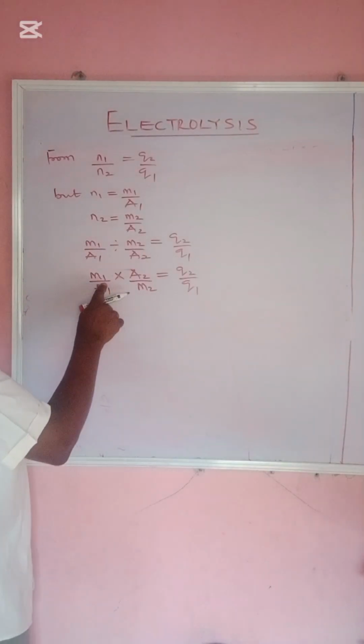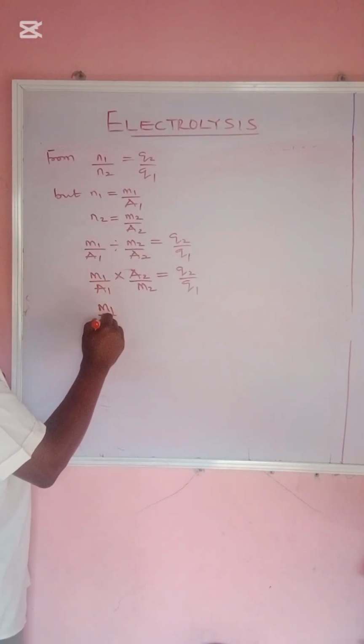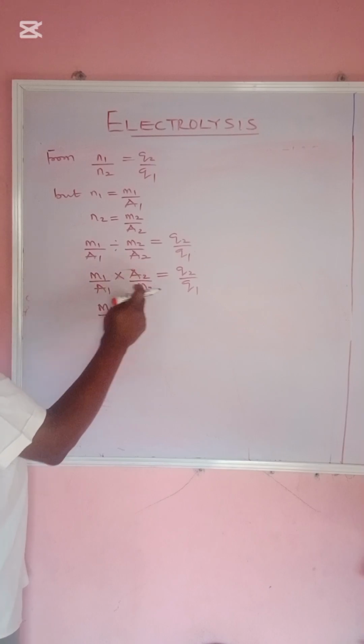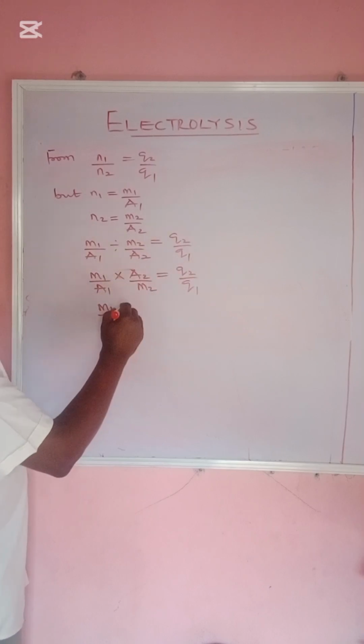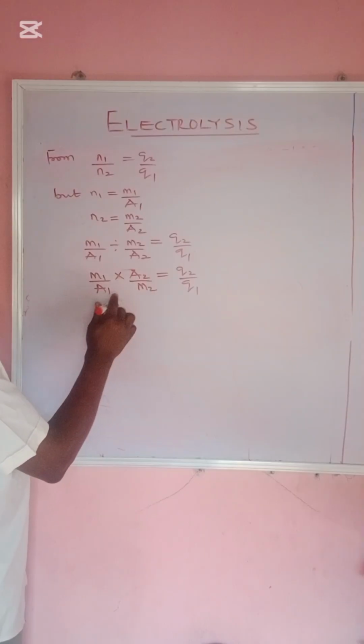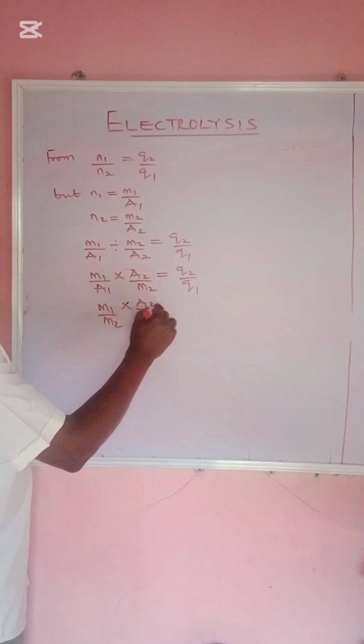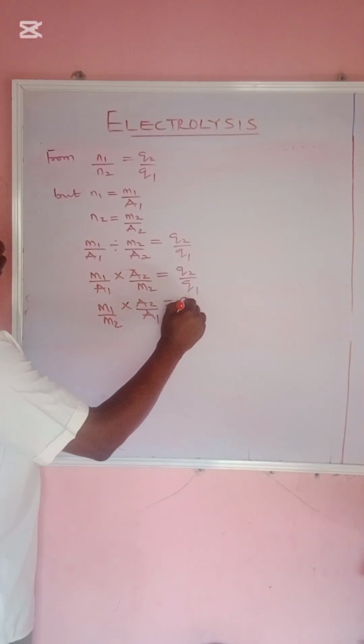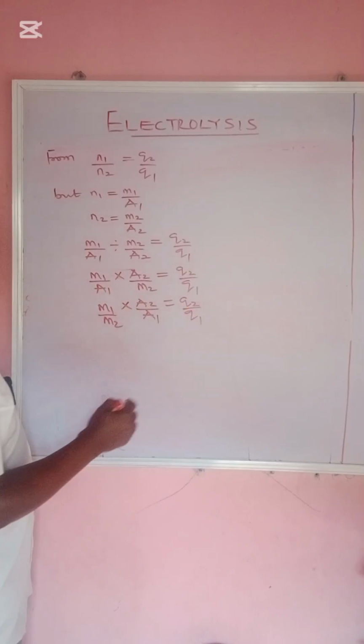So you can say M1 all over M2 here is equal to, this one can go here, times A2 all over A1 is equal to Q2 all over Q1.